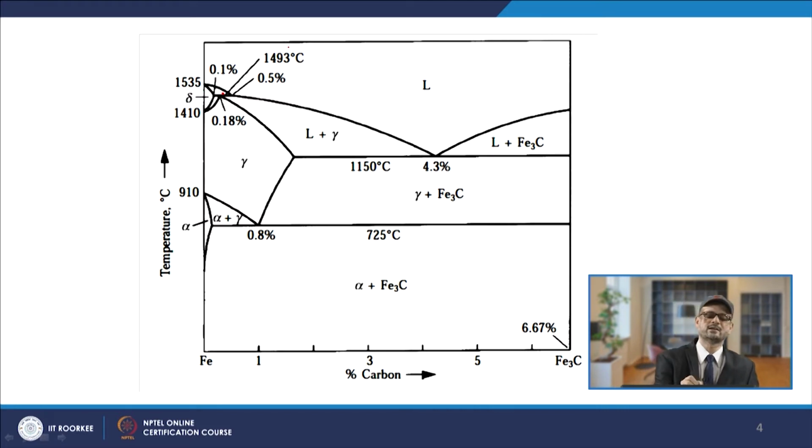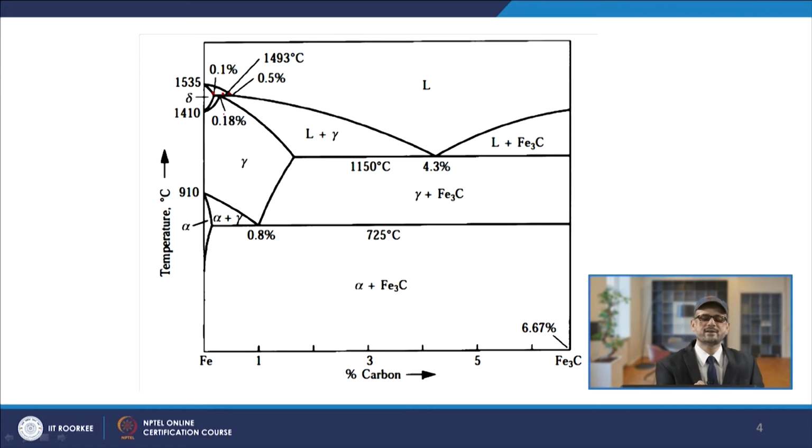So, this side it is liquid. So, you will have delta as well as liquid. Now, on this point if you draw the line, on one side it will be touching this point and on another side it will be touching this point. So, for finding the end, this is the delta phase.